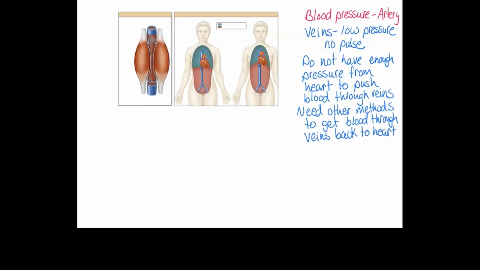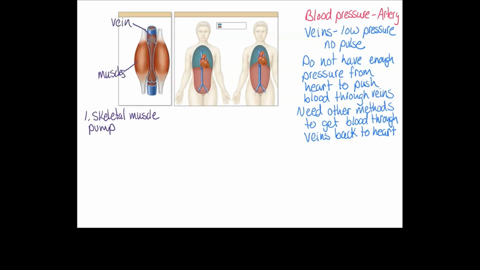So we have two methods we're going to look at here. One of these methods is the skeletal muscle pump. You can see here are your muscles. And when your muscles are active, they squeeze a vein.